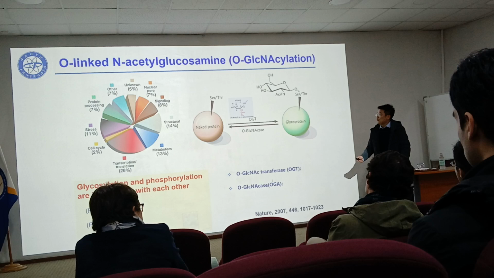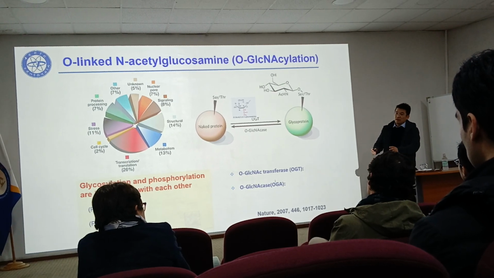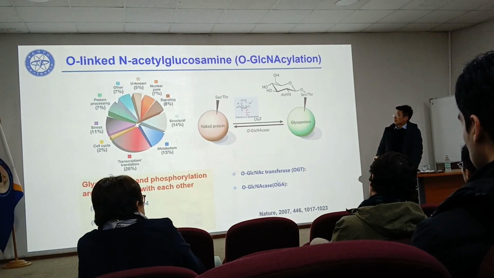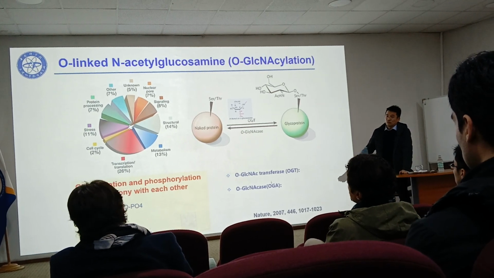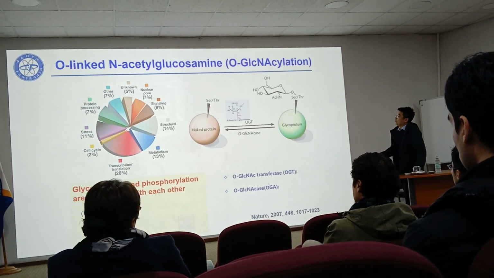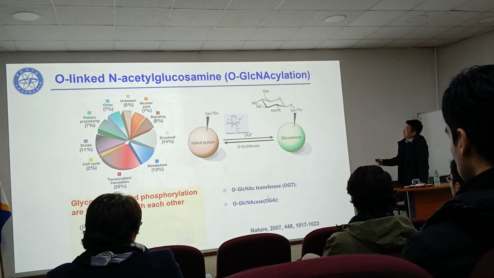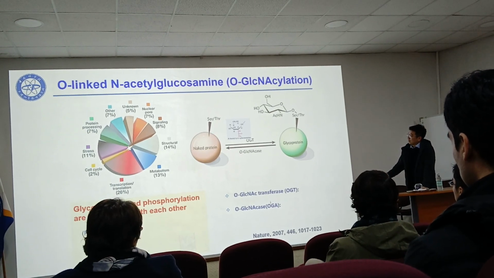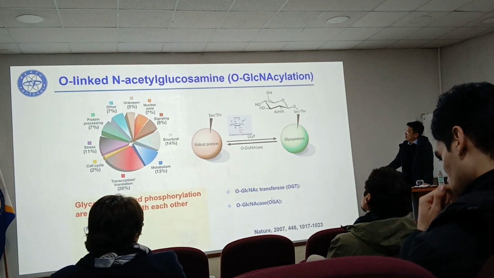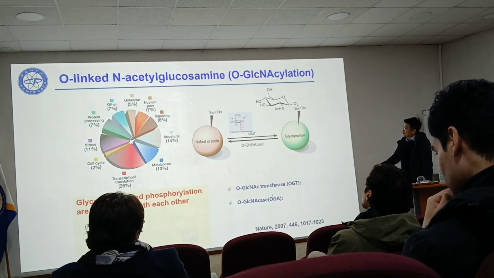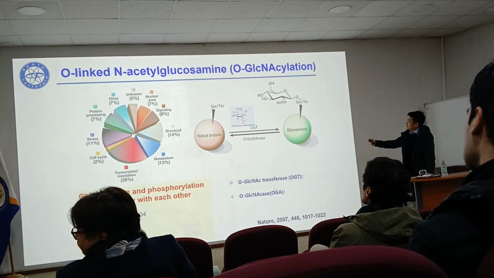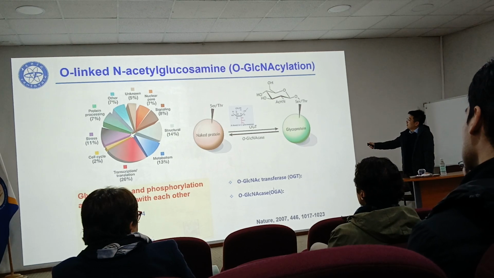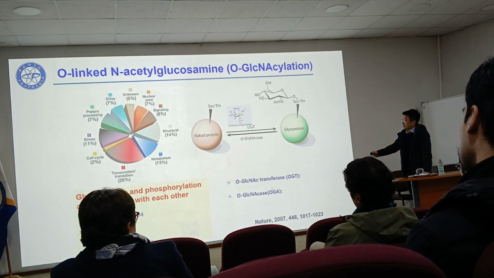And more interesting, I think you all know that enzymes are quite selective in reaction. But for this O-GlcNAcylation, the OGT transfers this GlcNAc to the protein, and the OGA cuts this GlcNAc from the protein.